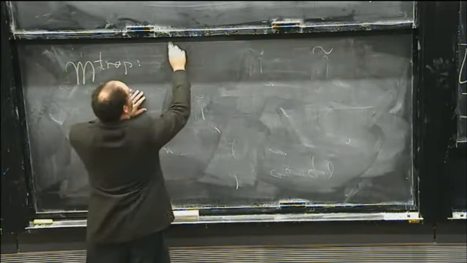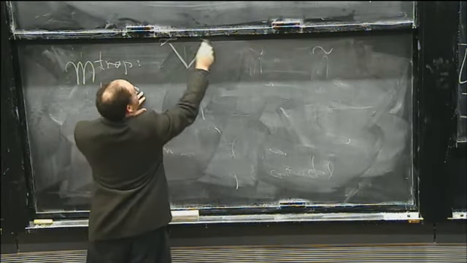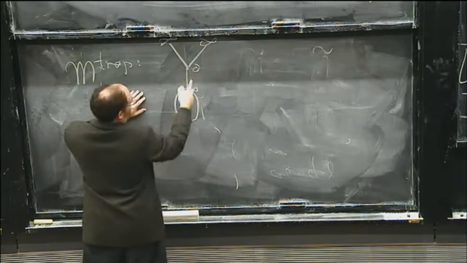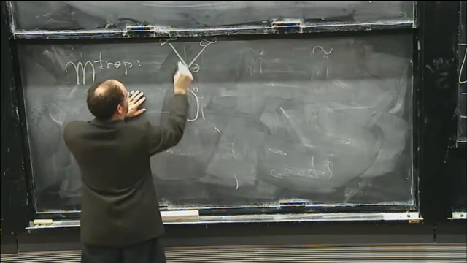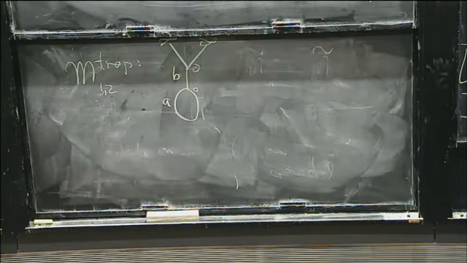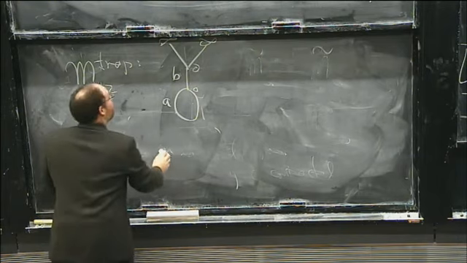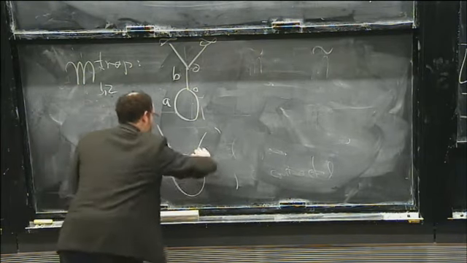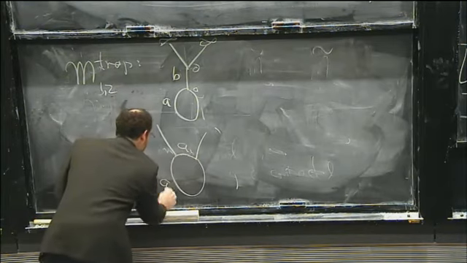So here's one. So I'll call this A. No, this is B, and this is A. So I have two lengths to associate to a graph like this. And I have another stratum which looks like this. I call it A1 and A2.